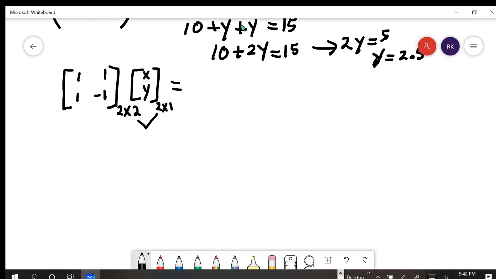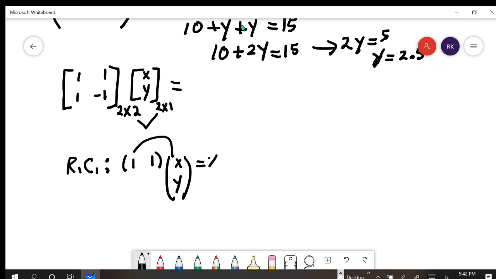Because the way we multiply, let me do some scratch work. The way we multiply row 1 by column 1 is by taking 1, 1, and multiplying it by x, y this way. We multiply 1 by x, so that's x, then plus 1 times y is y.